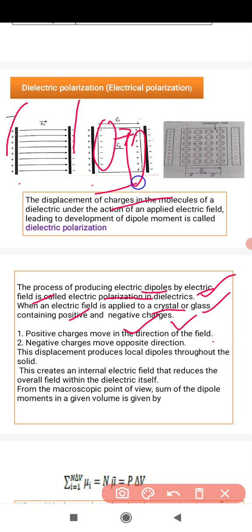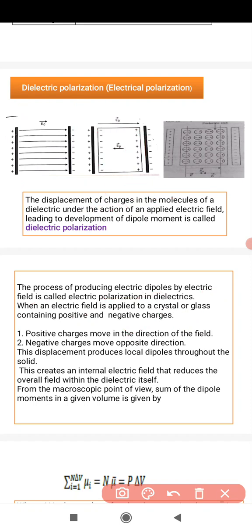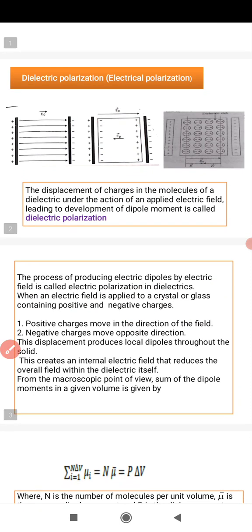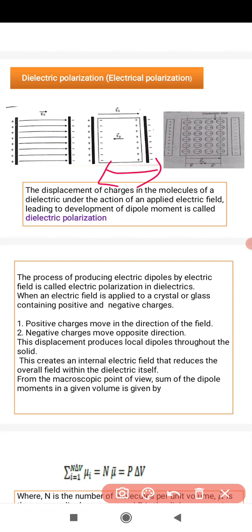This displacement of the positive and negative charges forms dipoles or dipole moments. This displacement produces local dipoles throughout the solid.